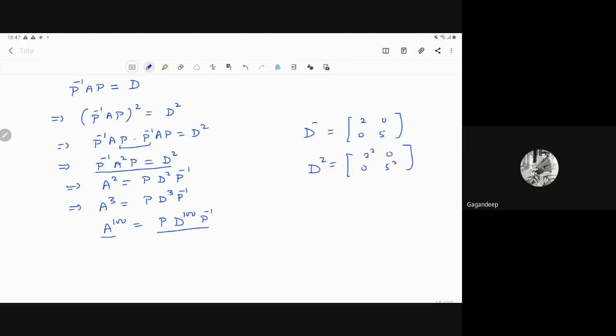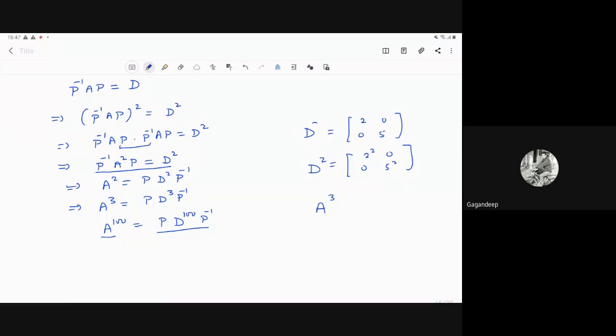If I ask you D power 100, no problem. You will say 2 power 100, 0, 0, 5 power 100. Calculating any power of a diagonal matrix is very easy. But calculating any power of a given matrix is difficult, because you have to multiply the matrix again and again. That is a lengthy process.